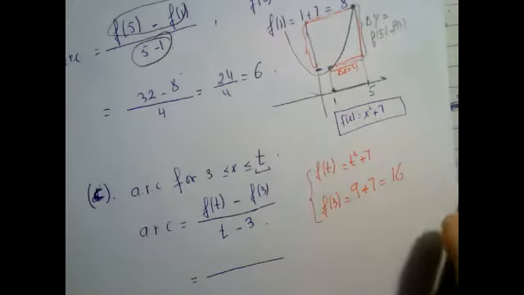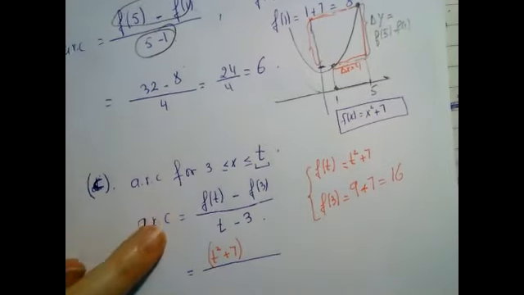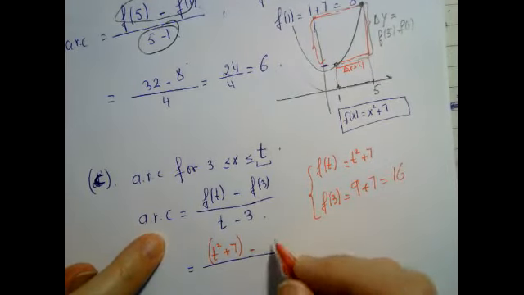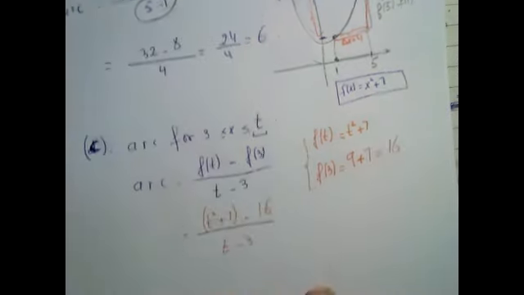So what's the average rate? f of t, t squared plus 7, minus f of 3, 16, divided by t minus 3.